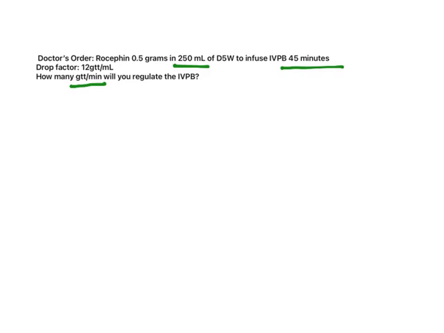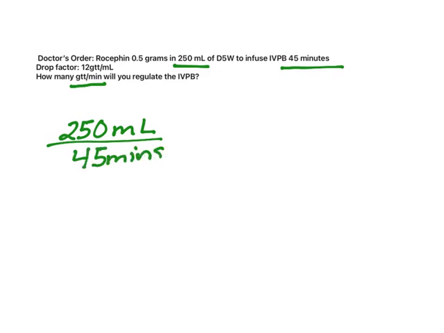So in the physician's order, he ordered 250 mLs of that medication over 45 minutes. Our answer needs to be in GTTs per minute, but we're currently in mLs per minute. So let's get rid of the mL. Let's go back to the problem and see where we have some mLs.